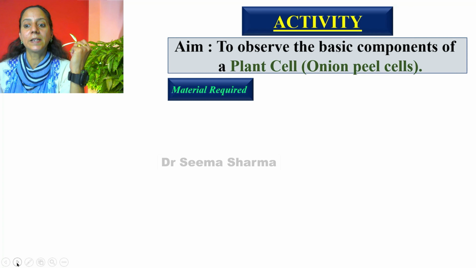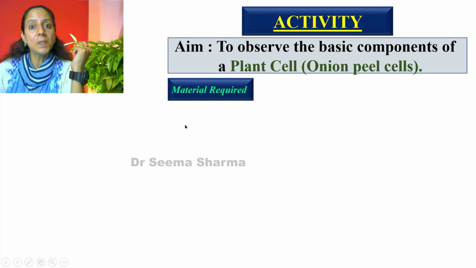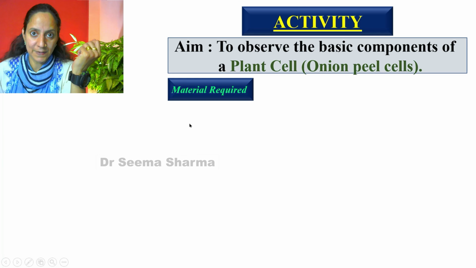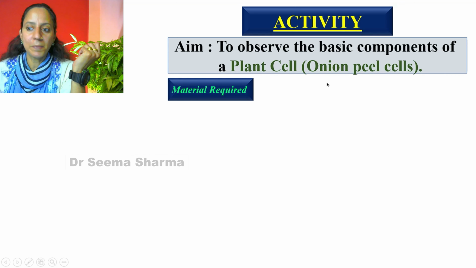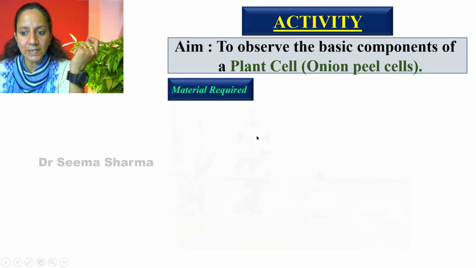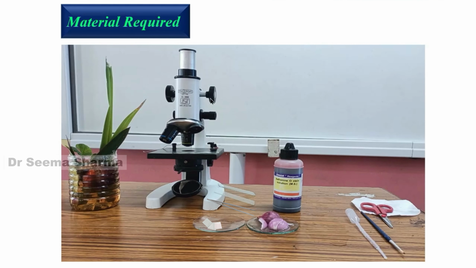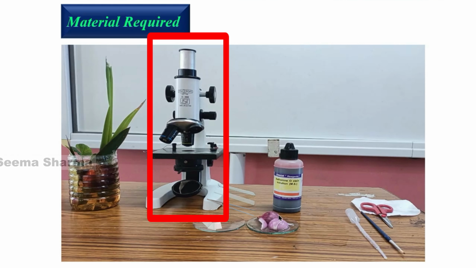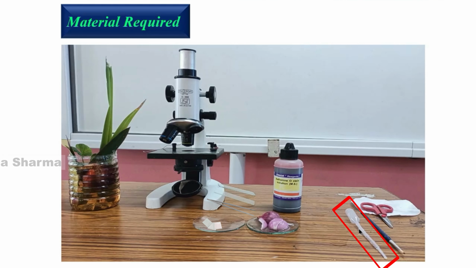The first activity is to observe the basic components of a plant cell with the help of onion peel cells. The materials required are a compound microscope, onion, dropper, brush, scissors, forceps, slides, cover slips, and one dye, safranin.